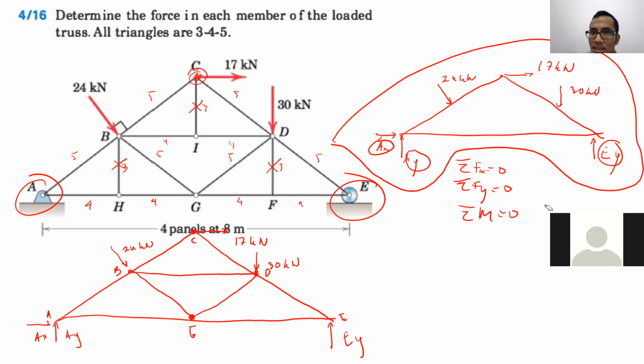Now, Judy, which one do you want to solve first? Can we solve using sigma fx first? Sigma fx, yes, you can, correct. Sigma fx equal to 0. Please elaborate. From this equation, what equation will it become?